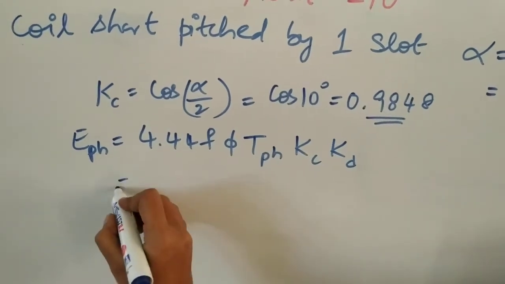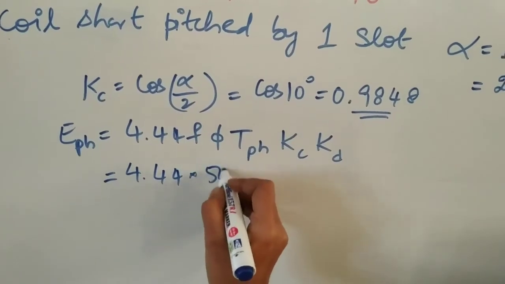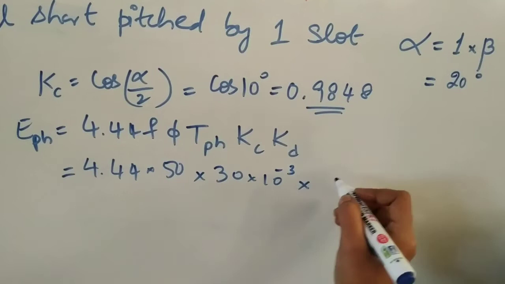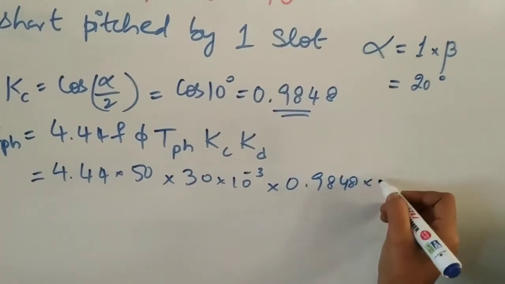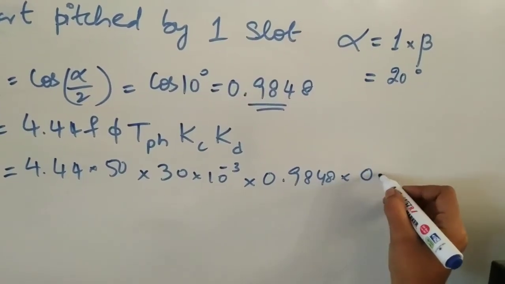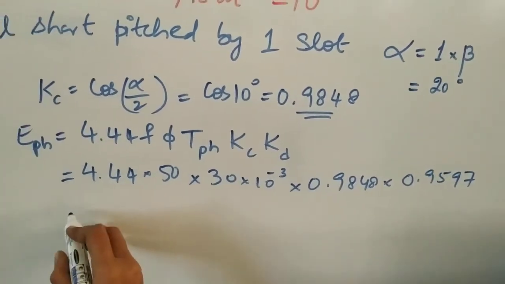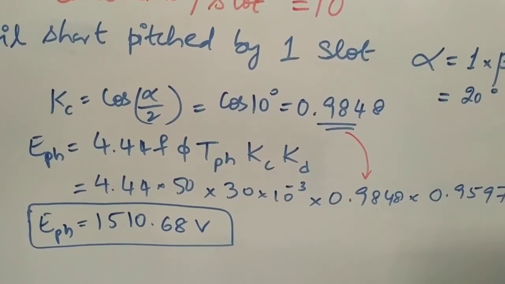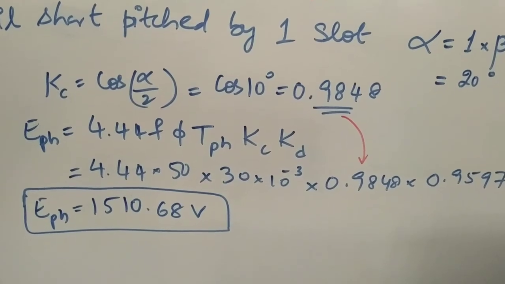So let us substitute the values. 4.44 into 50 into 30 milli, 10 power of minus 3, into Kc which is 0.9848, multiplied by the Kd value that we have found, that is 0.9597. So it results in 1510.68 volts.